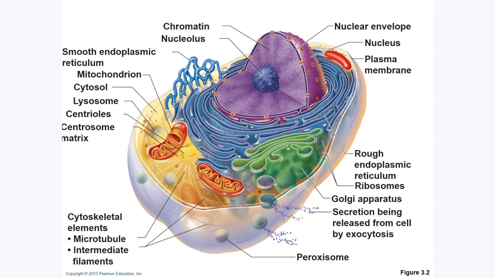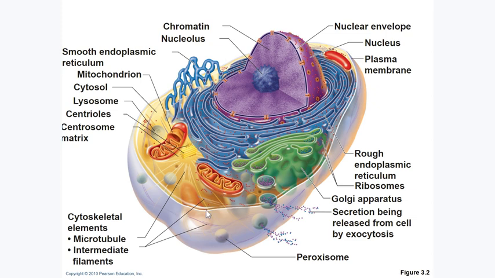So we can see all of the parts here of a basic animal cell. We can see right around here is that plasma membrane. Here's our nucleus with our nuclear envelope and our nuclear pores, our chromatin and our nucleolus. Here we can see our smooth endoplasmic reticulum and our rough endoplasmic reticulum. We've got a Golgi apparatus right here. We have some vesicles with some peroxisomes in them.